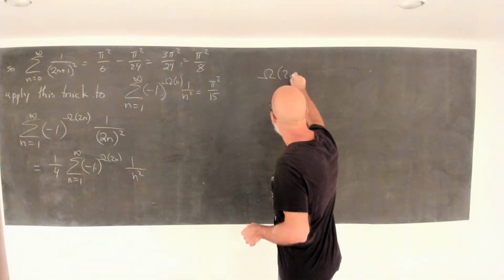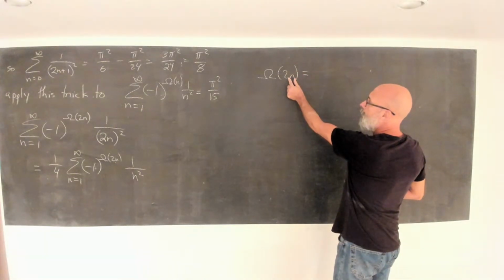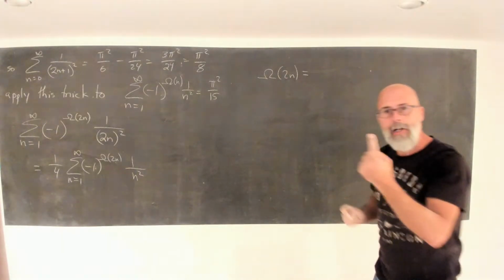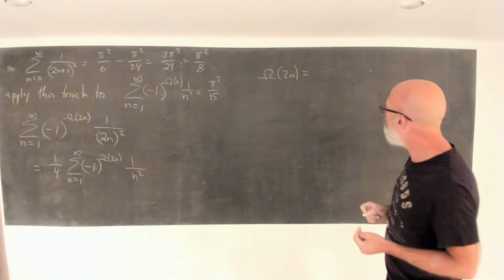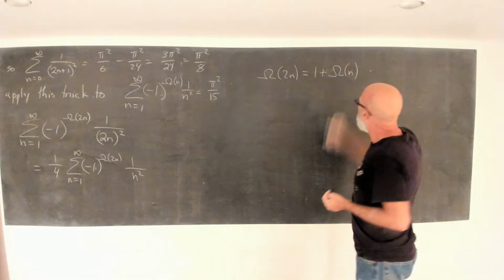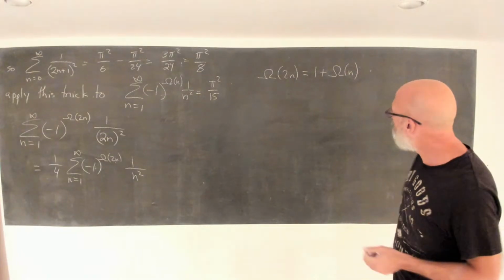So phi of 2n is going to be however many prime factors n had, plus 1, namely the 2. So it's going to be 1 plus omega n. A very nice observation.